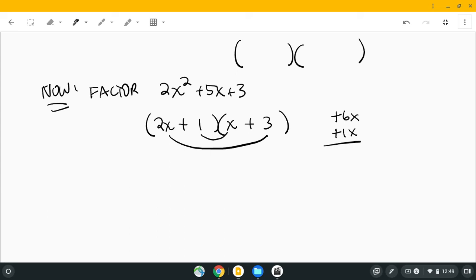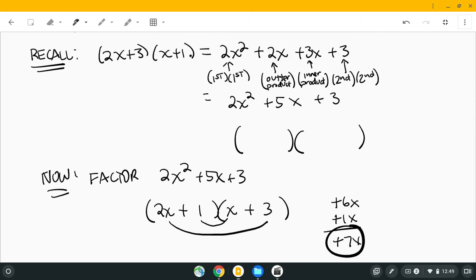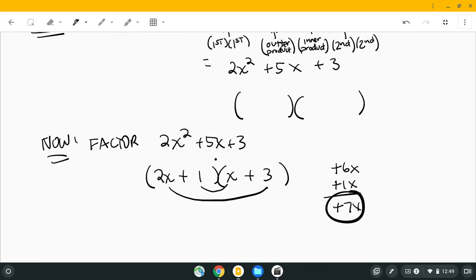When I combine them, I get positive 7x, and that does not match our middle term. So you need to make sure that you do have it in the correct order, not just making 2x squared and not just making 3 is enough. You also need to make sure that the outside product and inside product combined will give you the middle term.